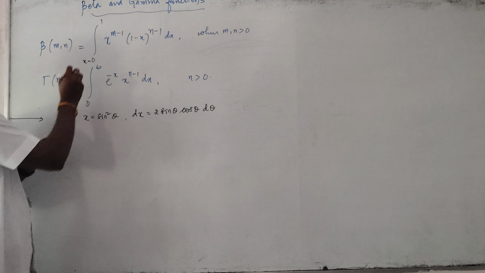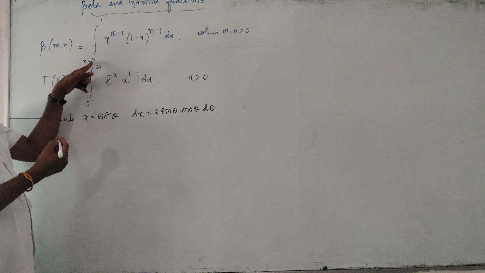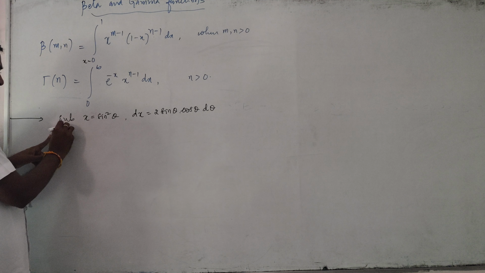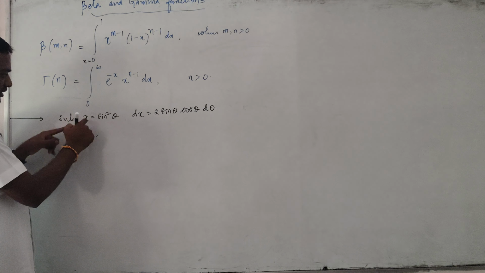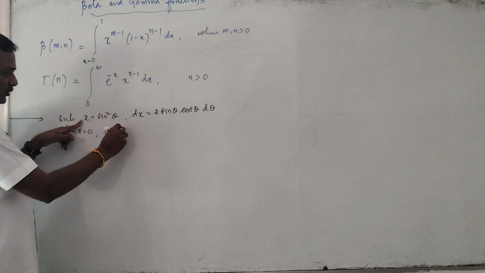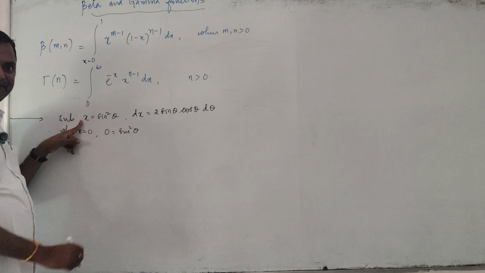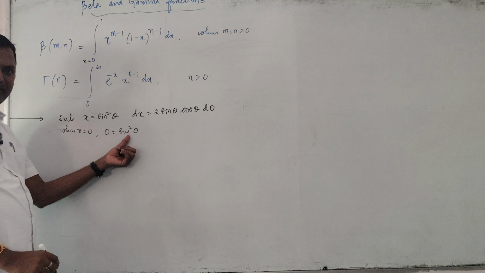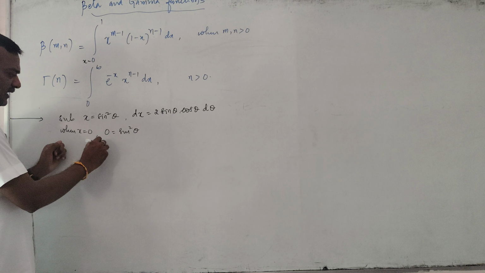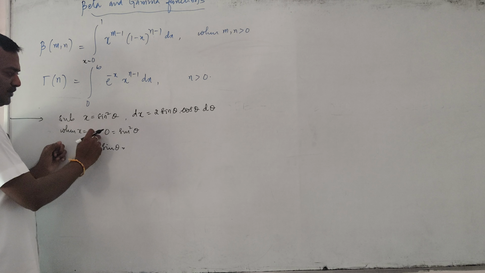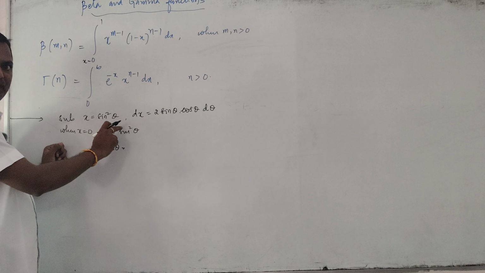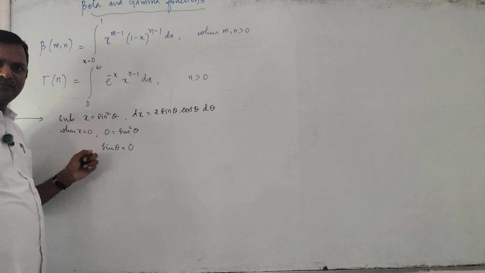x runs from... When x equal to 0, what is the theta value? Substitute here, 0 is equal to sine square theta. This square comes to the left side, it will become square root of 0, again 0 only.